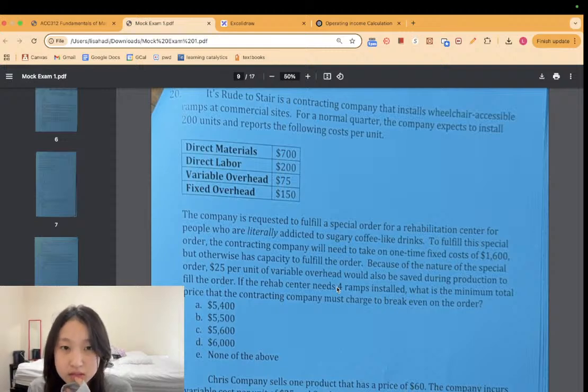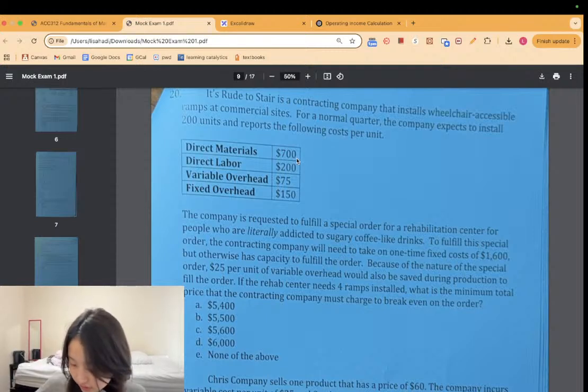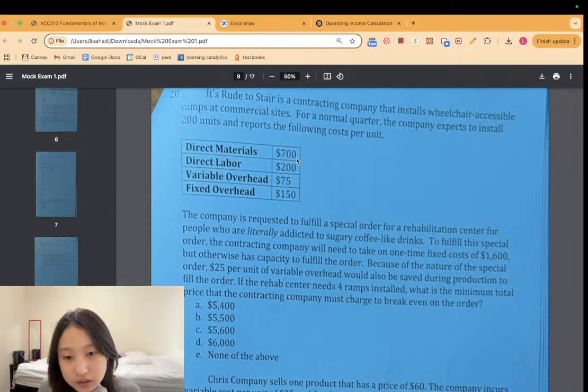So they expect to sell 200 units. Okay, so that we can ignore. Variable overhead, direct materials. So 700 plus 200 plus 75.